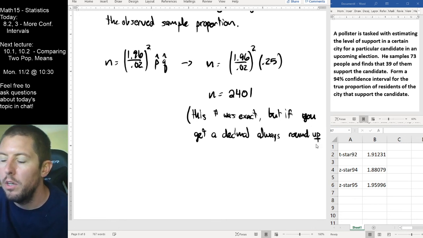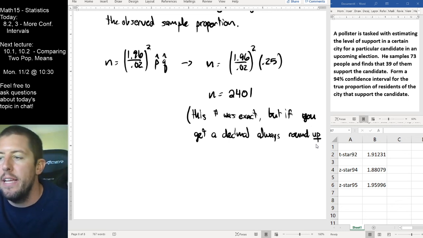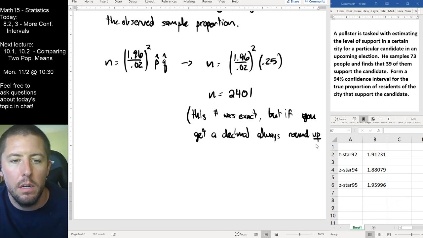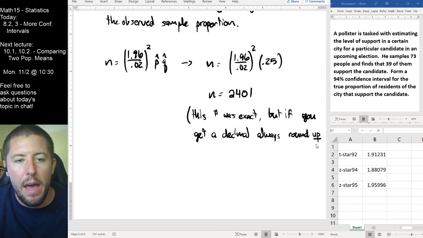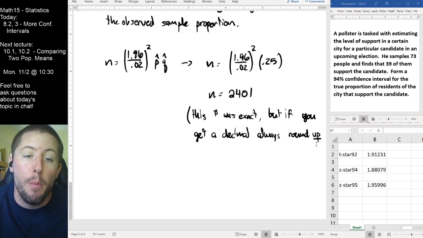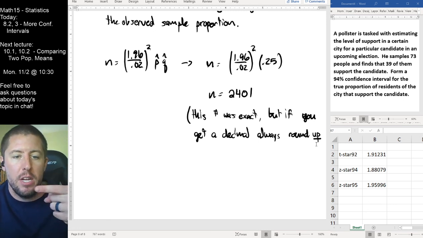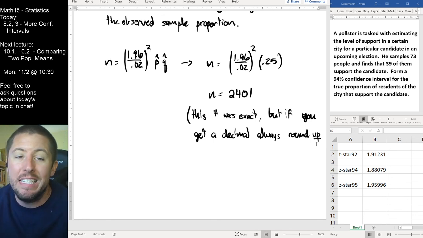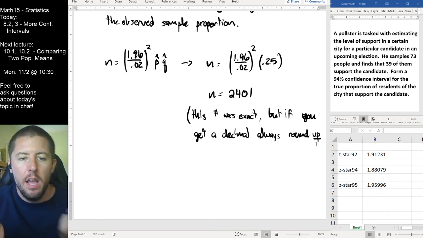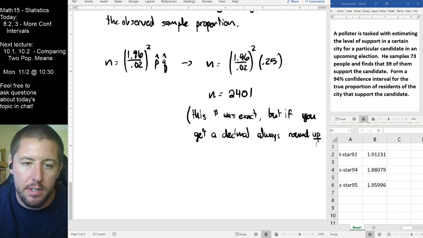So notice that if I had gotten, say for example, that n was instead 2,400.1, then that would say I would need to sample that additional 0.1 of a person to get over my threshold. But there's not 0.1 of a person, right? So anytime you get a decimal from this calculation for n, you always have to round up to the next nearest whole person.